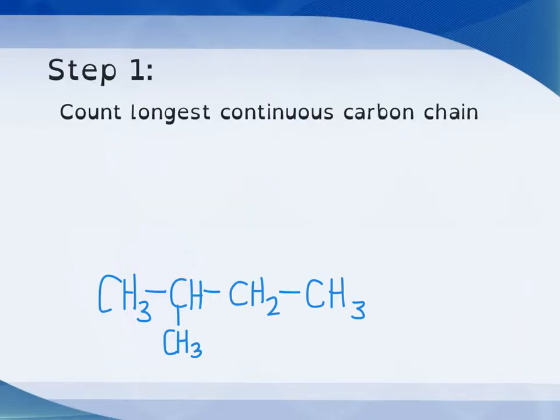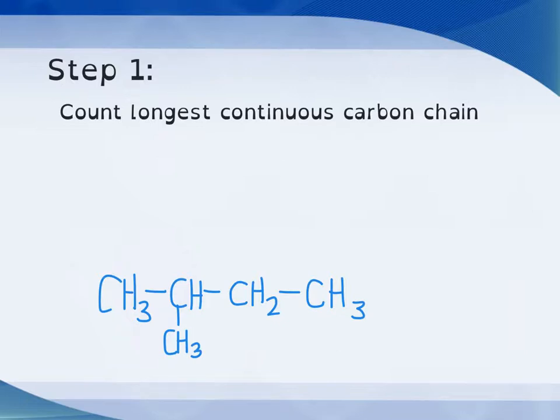The first step in naming a compound is to count the longest continuous carbon chain. That means the carbons that are all connected. You can go straight, like you do here, or you can have a bend. As long as these carbons are connected, they are a continuous carbon chain. In this one, you have some options.